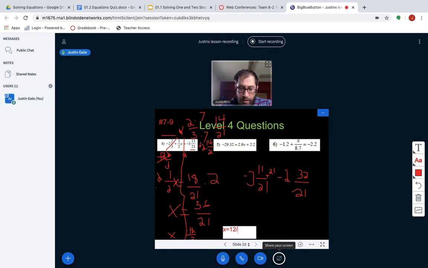X equals 12 over 7. So try number 5. Try number 6 real quick. I'm not going to show all the work because I don't know how useful it is for me to show you this work with this chicken scratch handwriting. Take a minute and try number 5, and I'll just do it in my head so you can check your work against it.